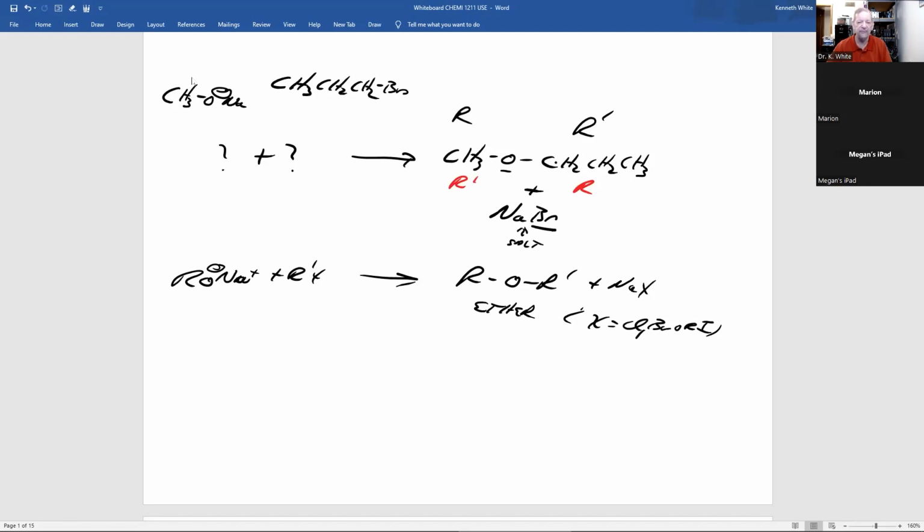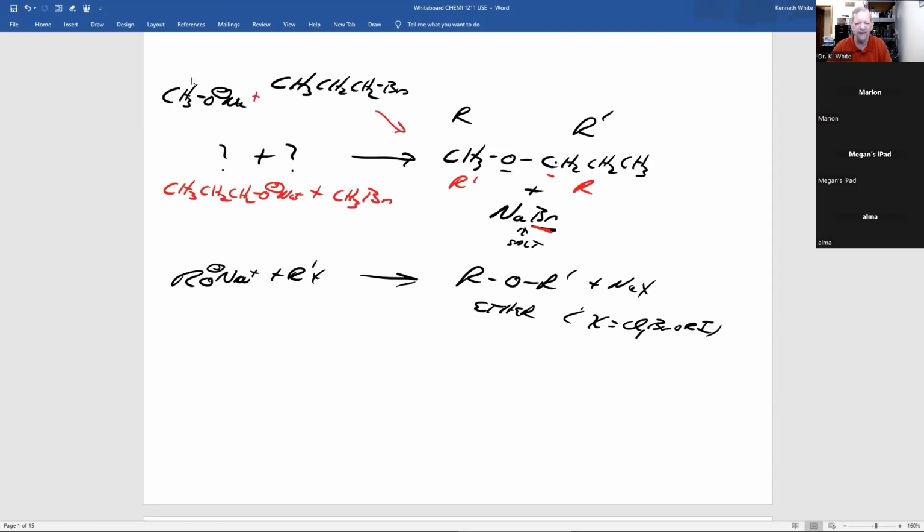And I can. So this carbon has the oxygen, which is the alkoxide, and R prime is a methyl group, and the halogen is still bromine. And which one of these is correct? They both are. Both will give this product. And that's how you do the Williamson ether synthesis.